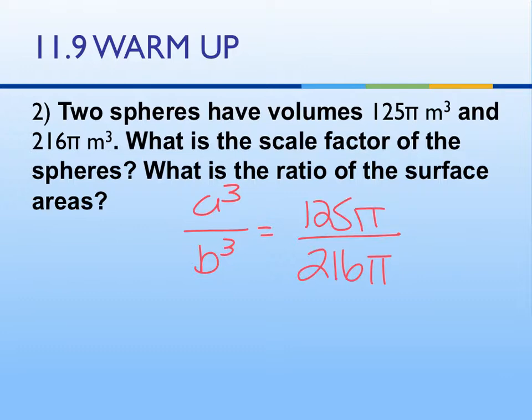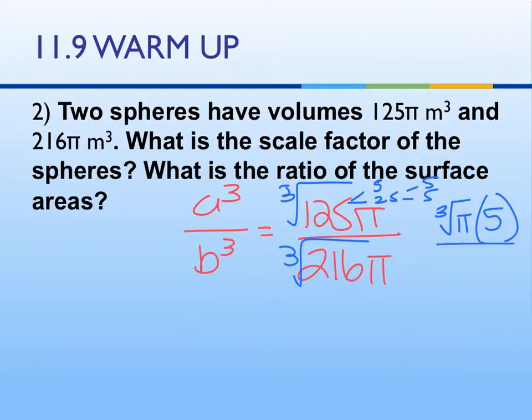So I can just simply cube root these terms. I'd get the cube root of 125, which is 5 and 25, which is 5 and 5. So I would get the cube root of pi, because I don't know what that is, times 5, and then the cube root of pi, and 216 would be 3 and 72.